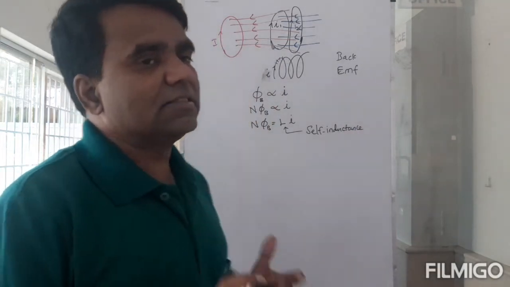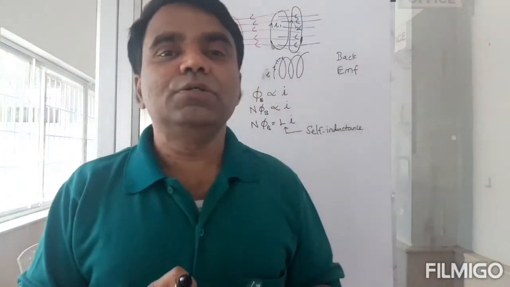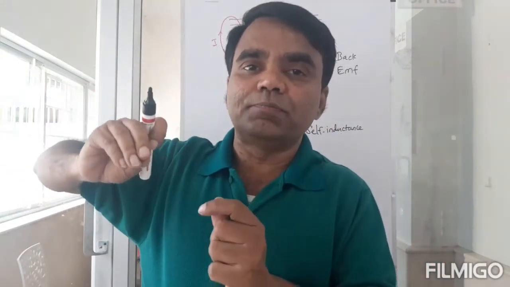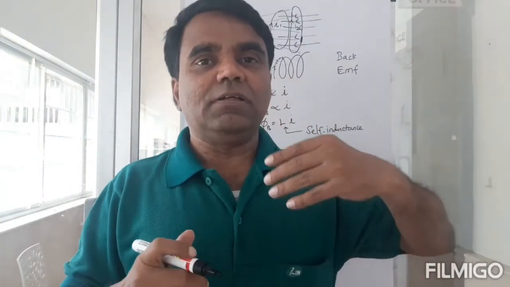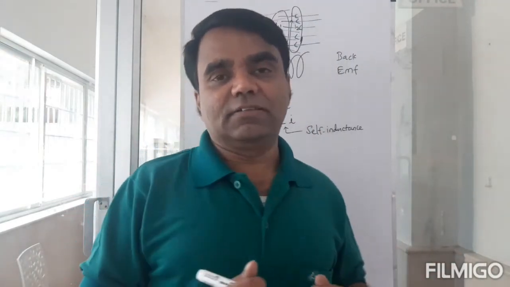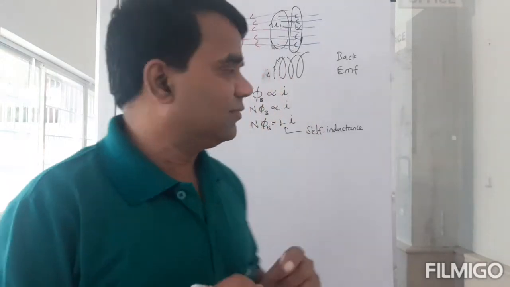The idea is that a coil will not be affected only by the field from another coil or another magnet. It can be affected by the field produced by its own current. And that is self-inductance. This is what I want you to understand.